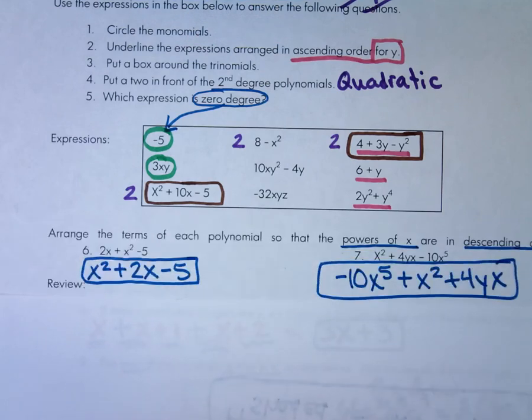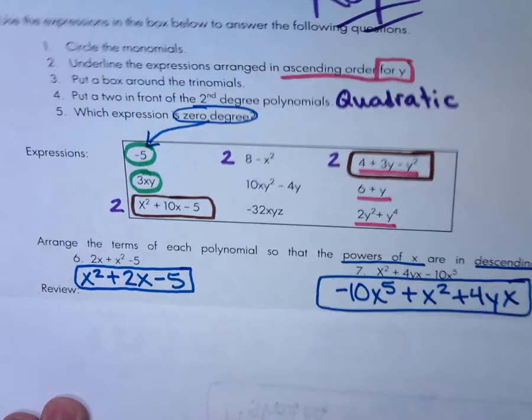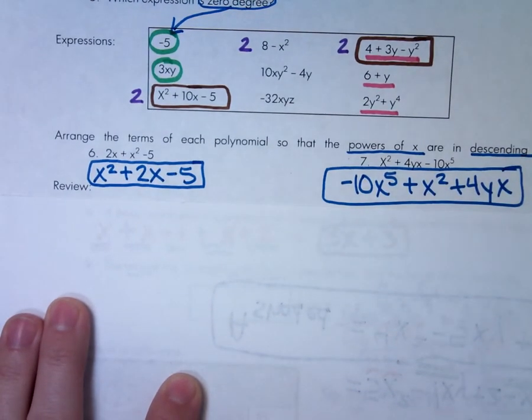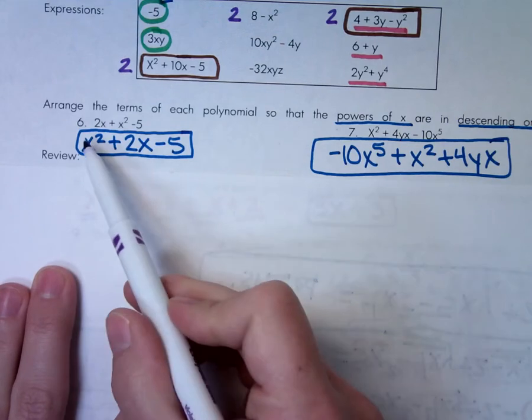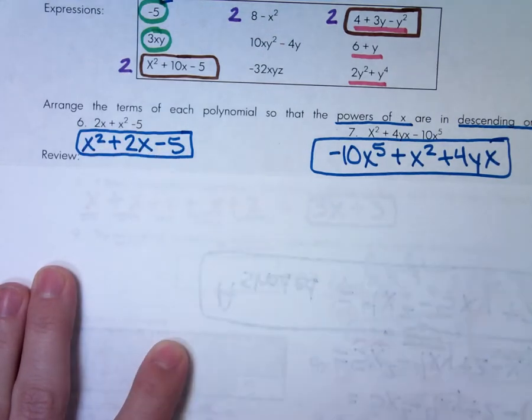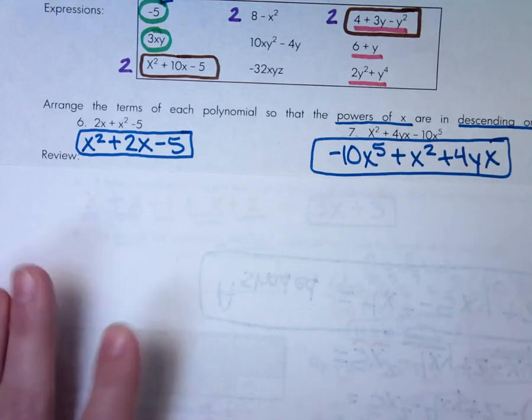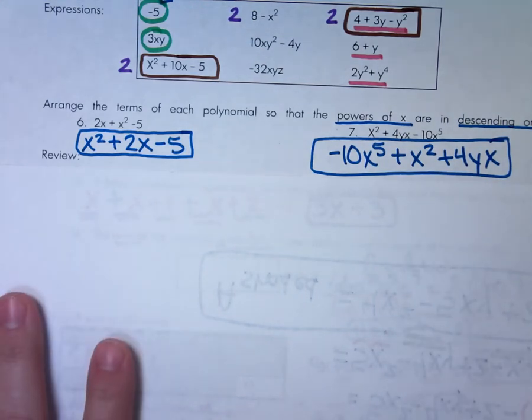Okay, these wanted us to put our powers of x in descending order. So that means you start with the highest exponent and go to lowest. I told you that when there's a mixture of x's and y's, there really isn't a proper order for how to write it. But since the directions said to put the powers of x in descending order, that's what I did.